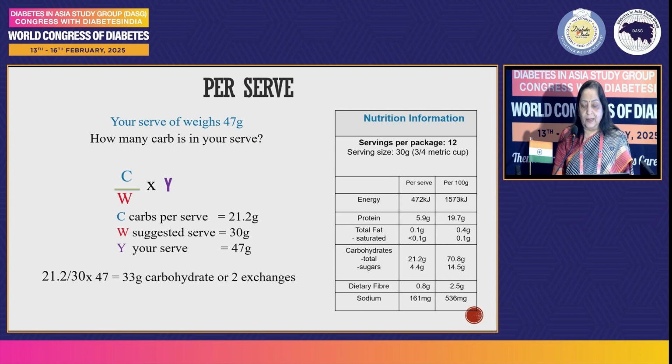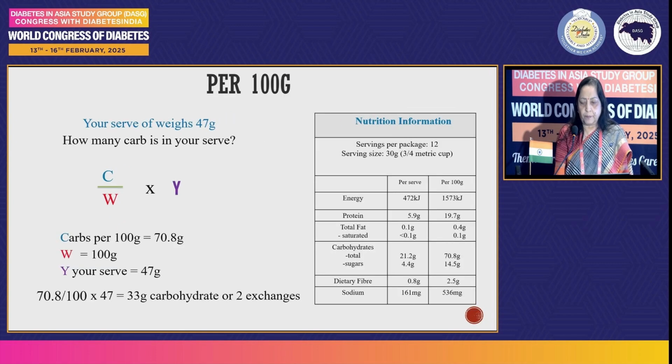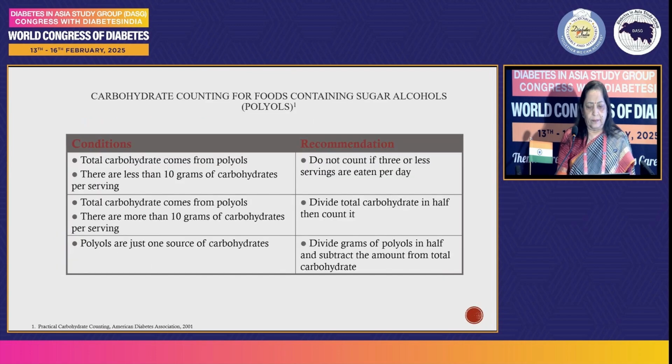So divided by 30 and multiplied by the actual weight of food you are using, which is 47, is equal to 33 grams of carbohydrate, meaning 2 servings of carbohydrate. So you have to count 33 grams of carbohydrate in the serving of total 47 grams of weight. We can count per 100 grams with the same method.